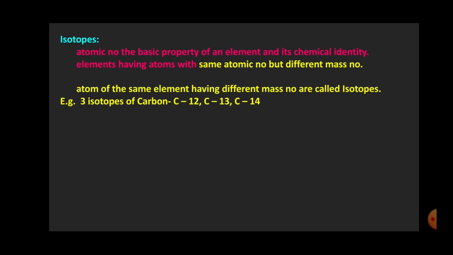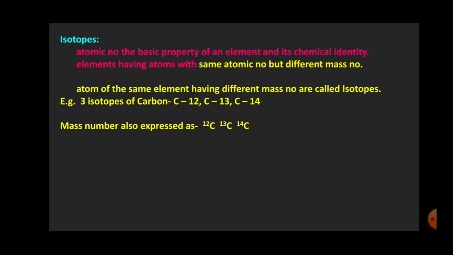Now, if we take the example of carbon, there are three isotopes of carbon. That means there are three types of carbon atoms in which the atomic mass number is 12, 13 and 14. It is expressed as 12C, 13C, 14C. The number written above is called the superscript, and it is the atomic mass number; the number written below the C is the atomic number, the subscript.